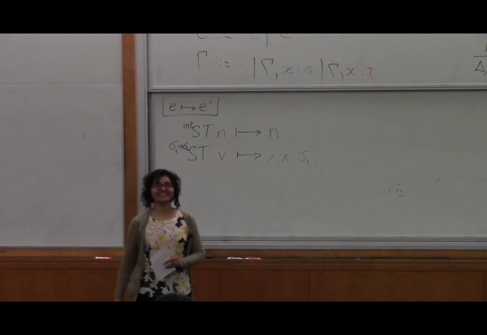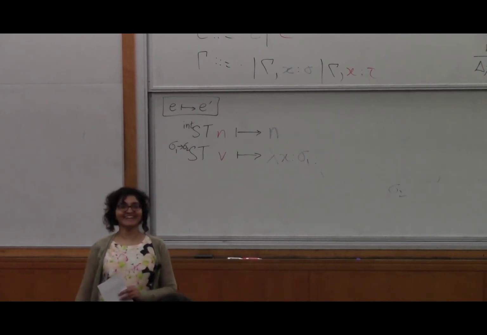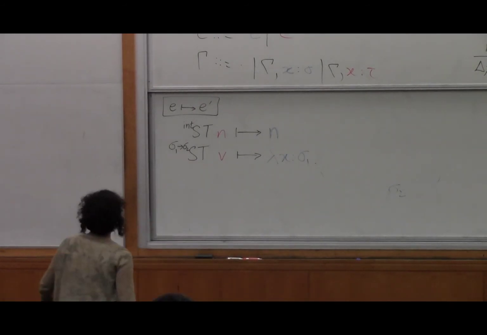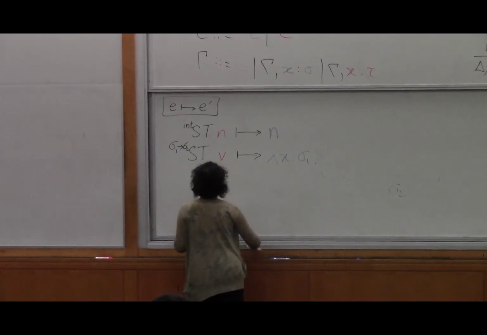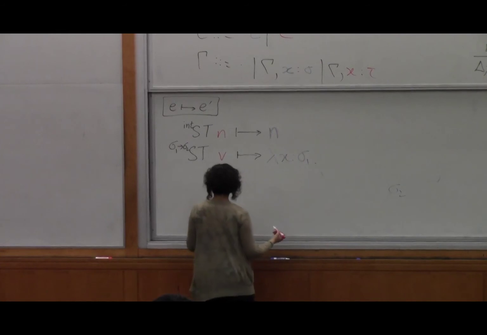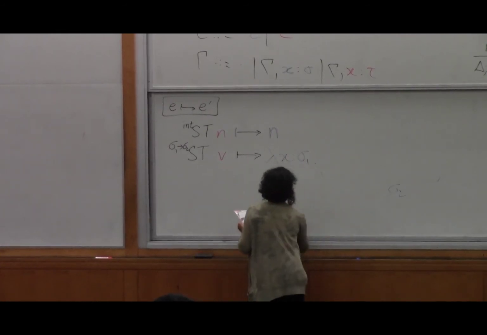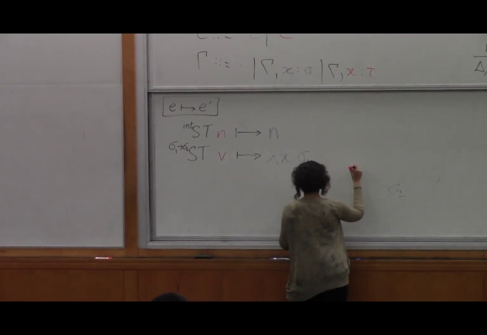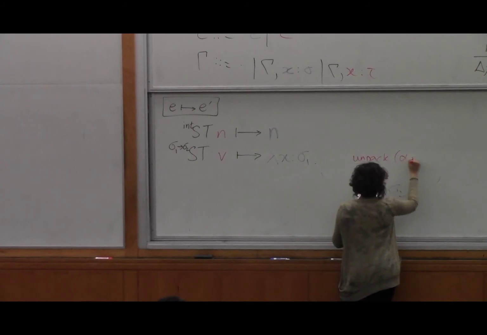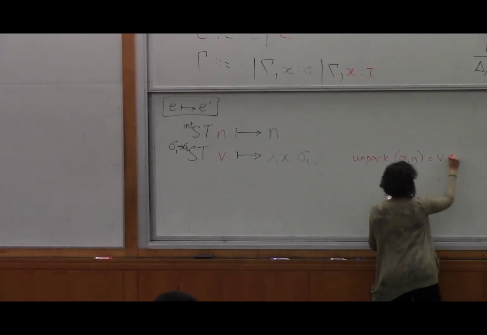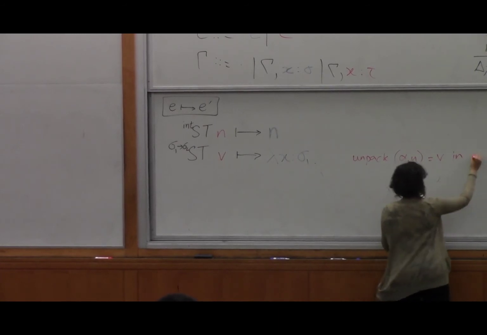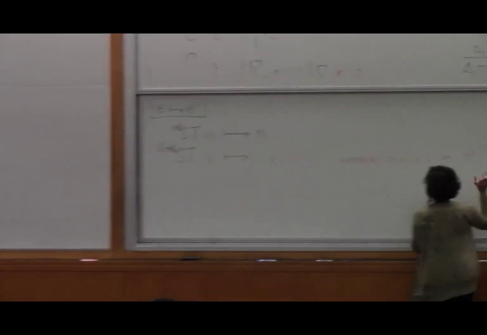Yes? So the unpacking, check the context and apply it to the function. Exactly. This is a package. So we unpack it. What color am I doing it in? I guess. Unpack our red V, and then we project out of the pair.